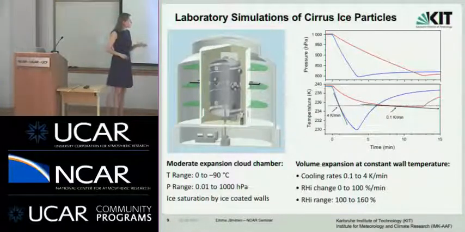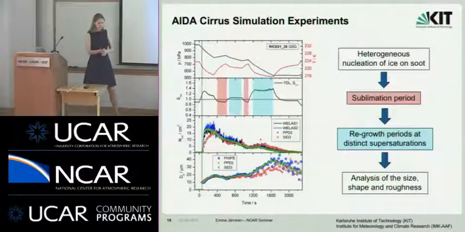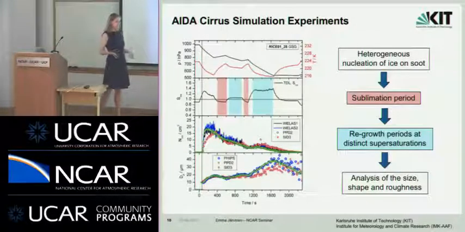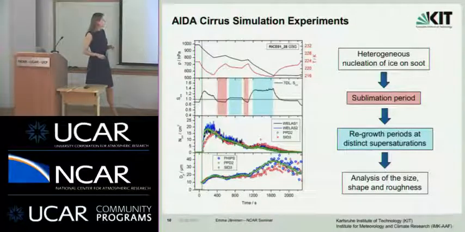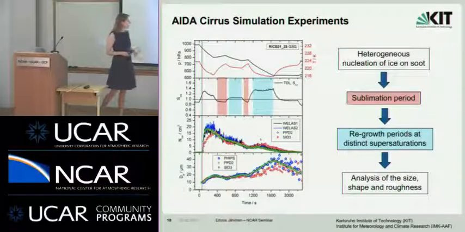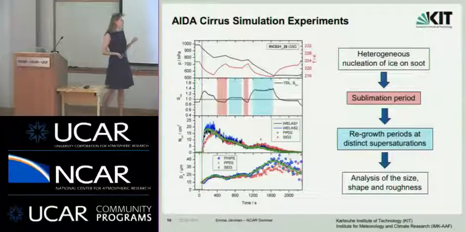What we did is we tried to simulate cirrus conditions at cirrus temperatures and really quantify how the growth conditions of these ice particles are created and how their morphology is developing. So we created an experiment series where we first created the ice particles by heterogeneous nucleation on different aerosol particles. But since the nucleation process is dependent on the aerosol properties, we get the growth at a distinct supersaturation that we cannot control.